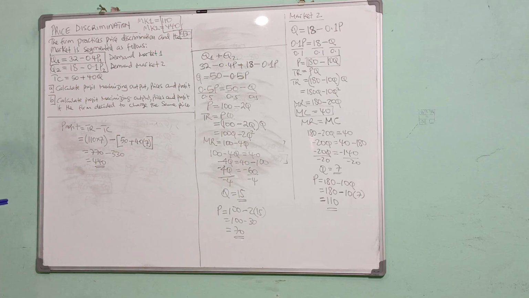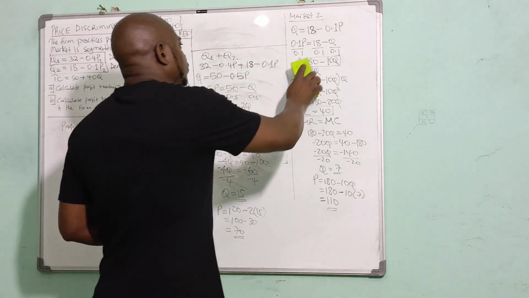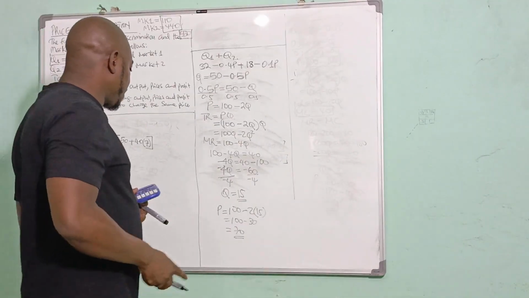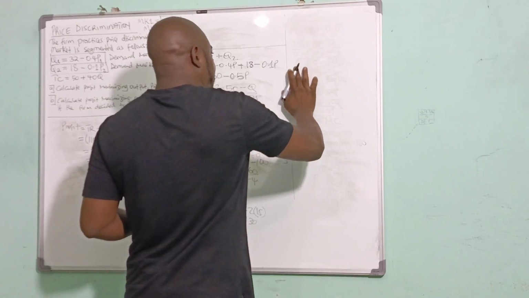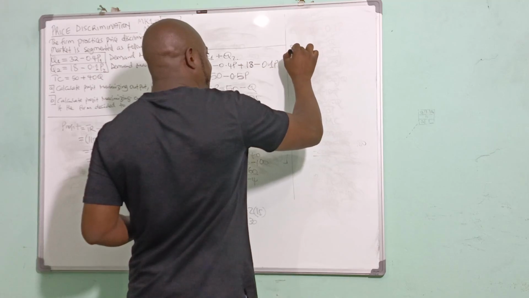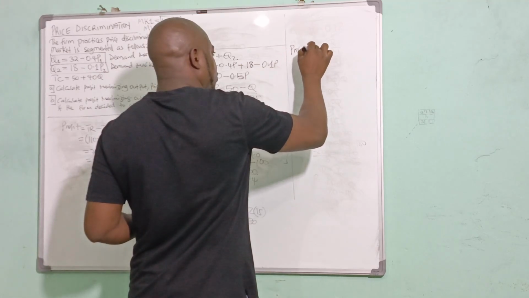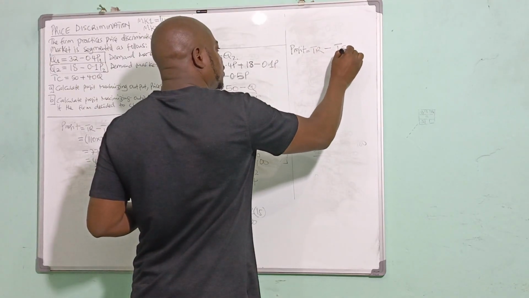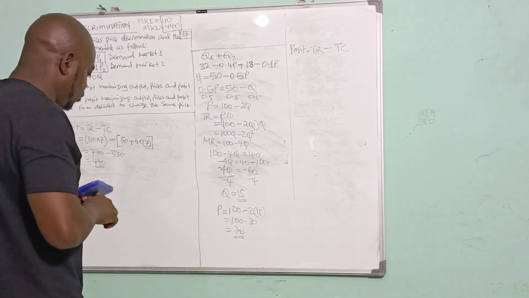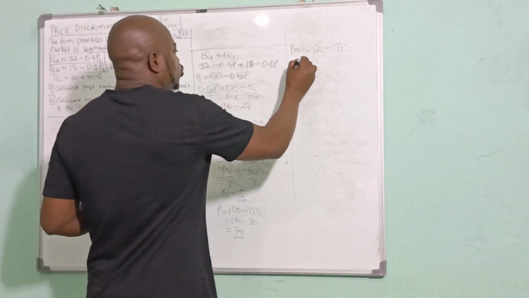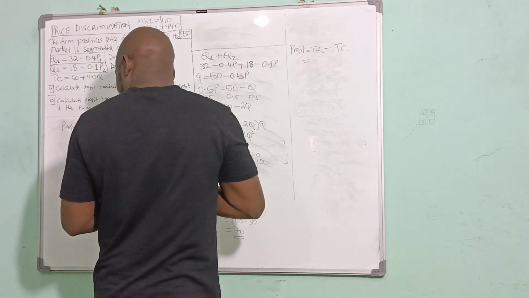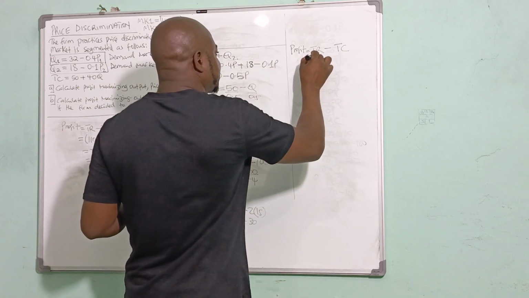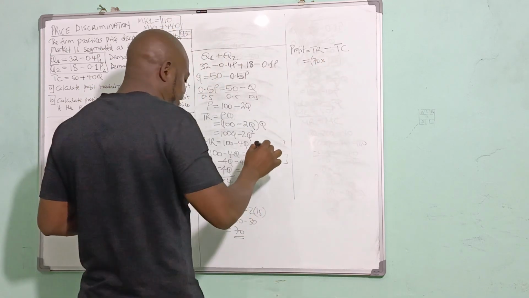Let's see if we can find the profit for this firm, if it charged a single price. Total revenue minus total cost. Total revenue, of course, is price multiplied by quantity. And our price is 70 and our quantity is 15.